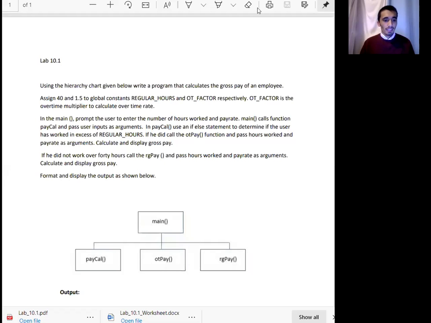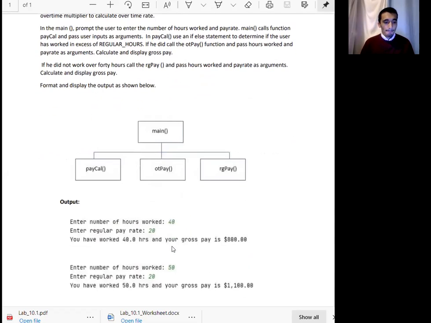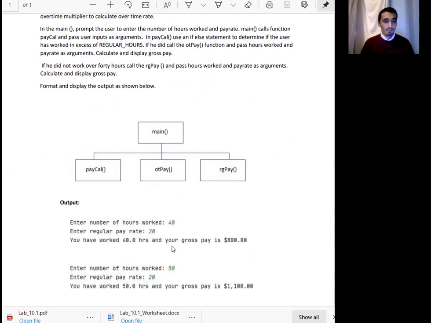Oh, okay. Now, what do we need to do? Since we need to create 3 functions within the main, what do we do? If I have not stopped and showed you this before, this is the output of the finished product. Now, how do we do that?